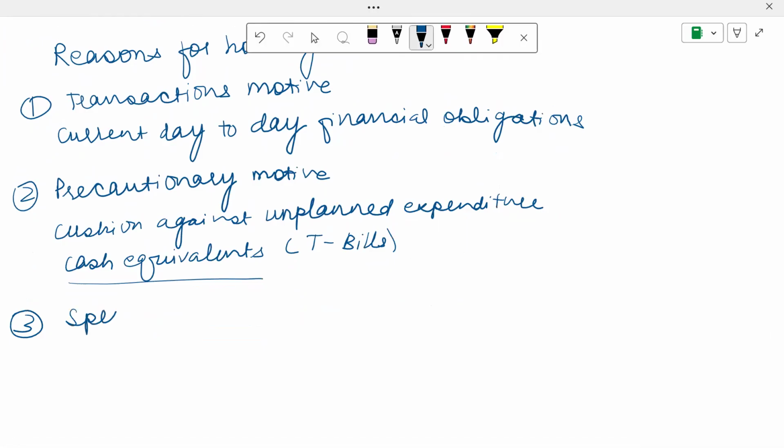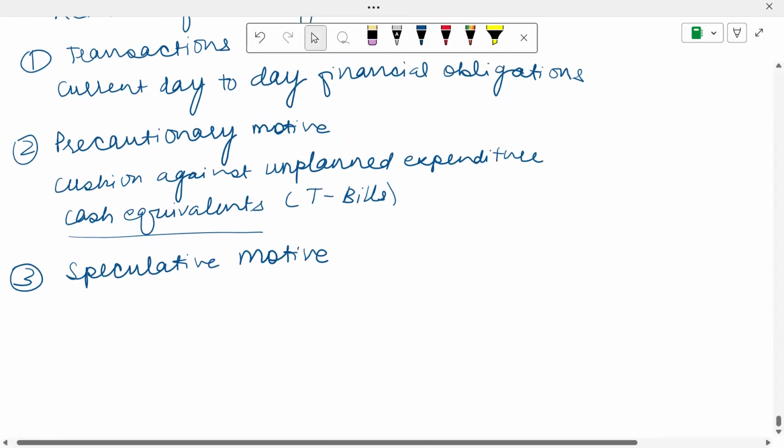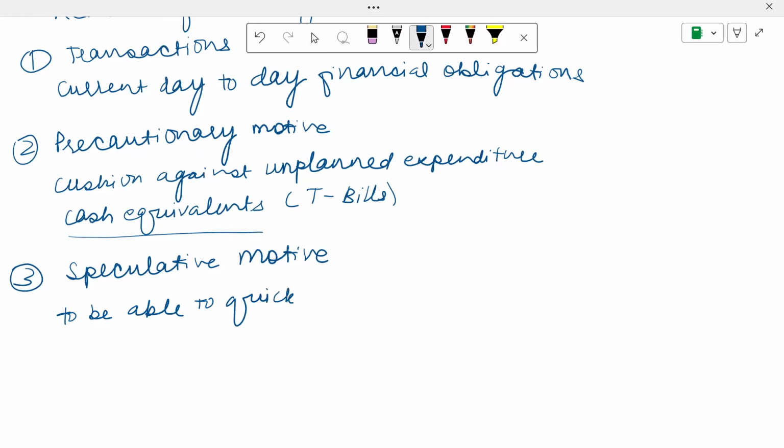And the third motive is the speculative motive. According to this motive, businesses hold cash to be able to quickly take advantage of any investment opportunities that may arise.